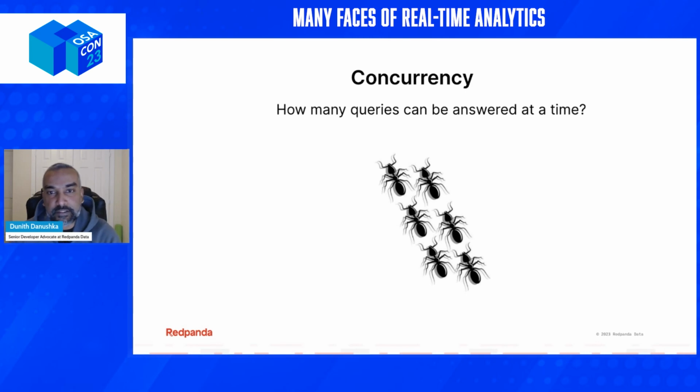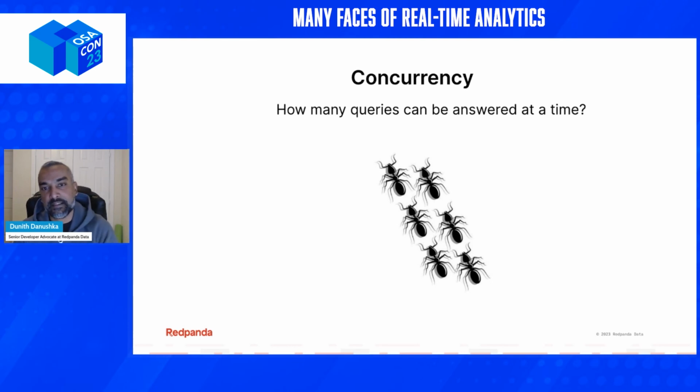And then the concurrency. That means, in other words, this could be defined as a throughput. How many queries that this system can answer or serve at a time. So this comes as a critical factor when you think about the audience or the end consumers of your real-time analytics system.